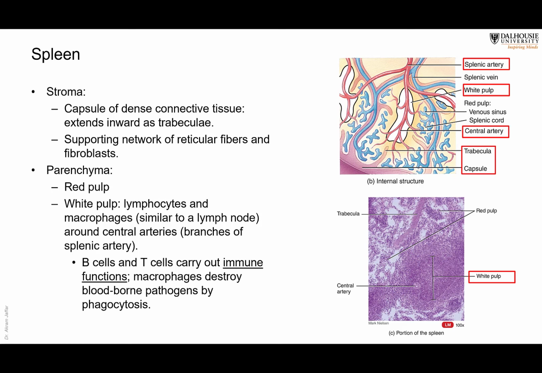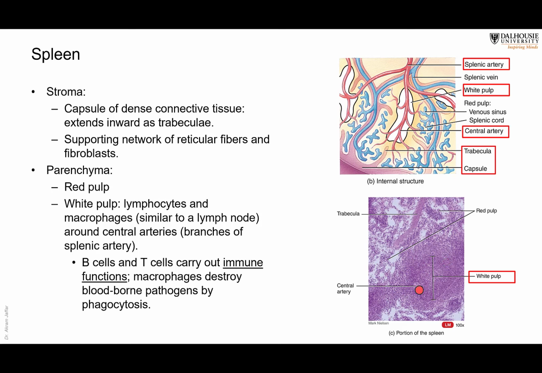Here, the lymph reaches the spleen. There is no afferent and efferent; there is only an afferent lymphatic vessel, and the blood also reaches the spleen. If an infection has reached the blood, the blood is going to be filtered in the spleen, and the invading organisms are going to be attacked by the lymphoid tissue present in the spleen.